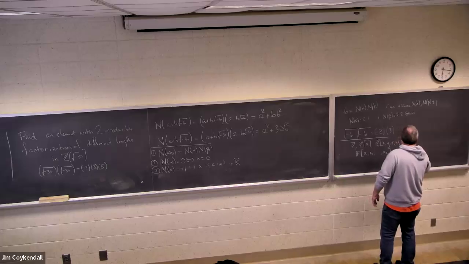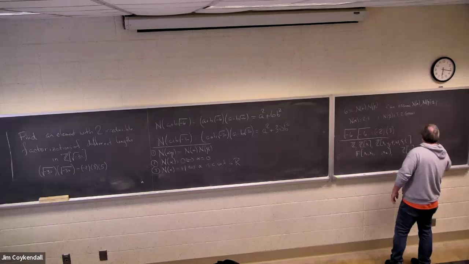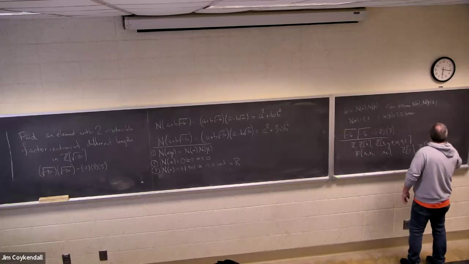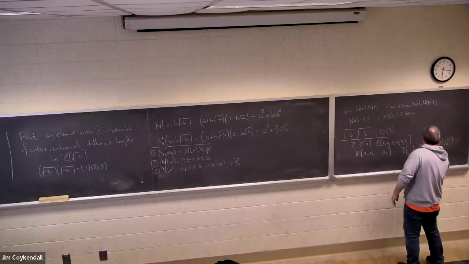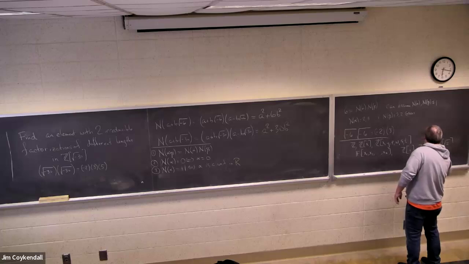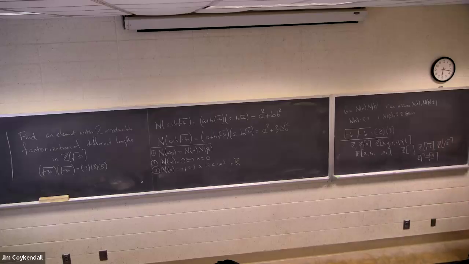Gaussian integers. Z adjoined the square root of -2. Z adjoined the square root of +2. Z adjoined (1 plus the square root of -19)/2. They're all of this.